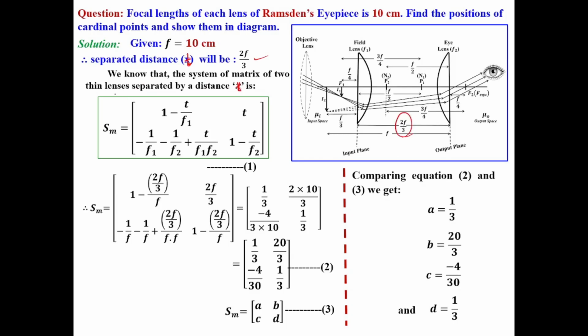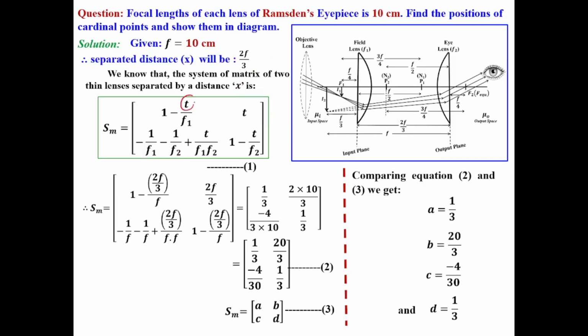This is also t. We know that the system matrix of two thin lenses separated by a distance t is 1 minus t by f1, t, minus 1 by f1 minus 1 by f2 plus, in general, that we know. Instead of t, we have to substitute 2f/3. Instead of f1 and f2, we substitute the value f. Okay, you just substitute first.